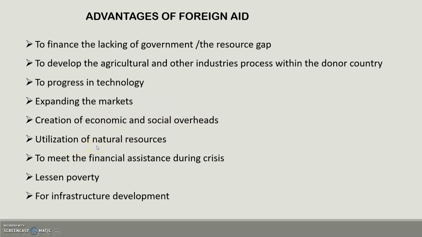Some countries have so many natural resources, but they don't have certain machineries or knowledge of how to utilize these natural resources, so they will help us in utilizing our natural resources, to meet financial assistance during crisis, to lessen poverty, for infrastructure development.